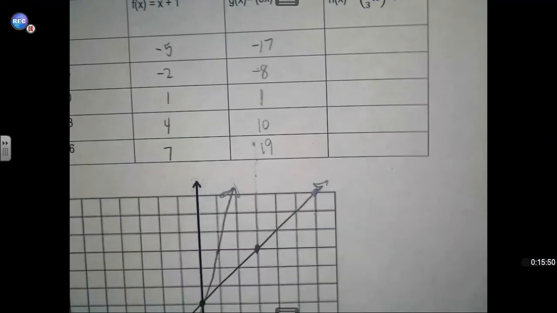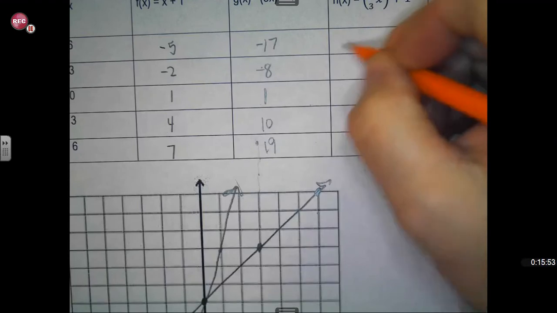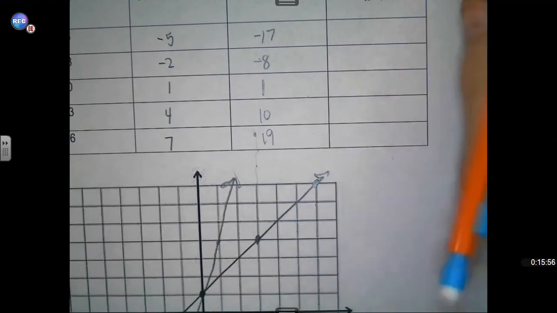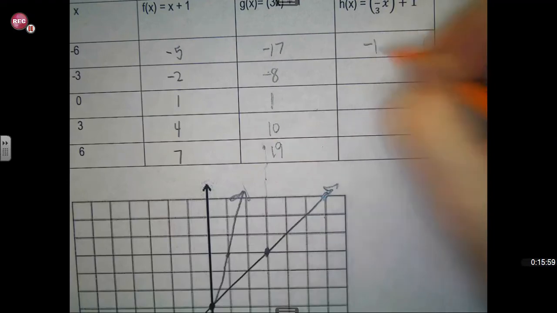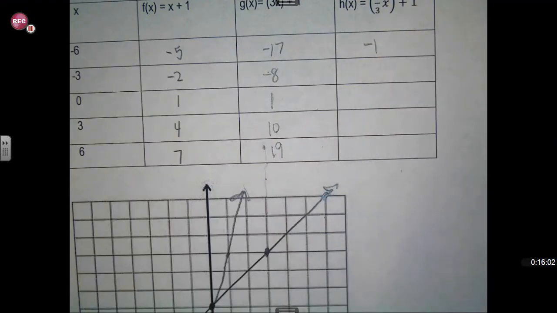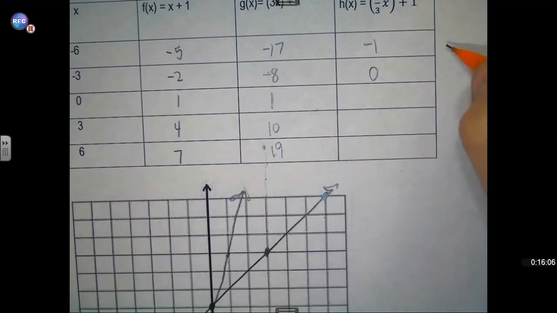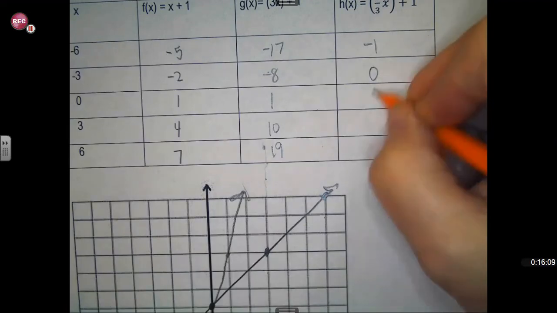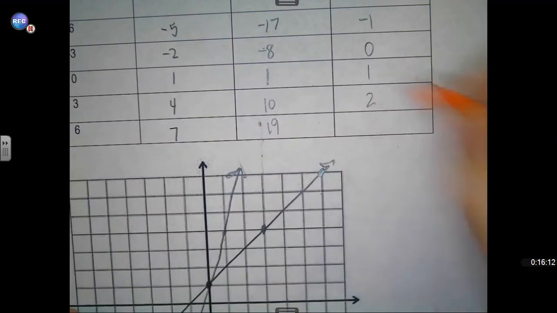And then here, let's see, 1/3 times -6 would be -2 plus 1. If I plug in -3, I get -1 plus 1. If I plug in 0, if I plug in 3, if I plug in 6.